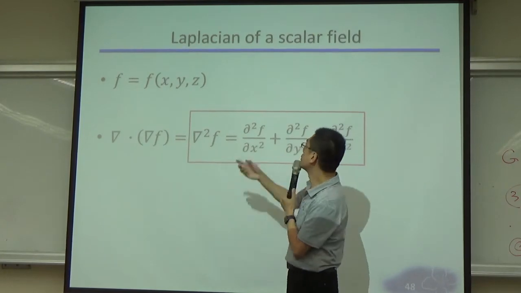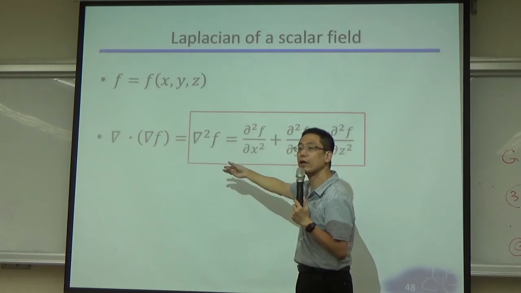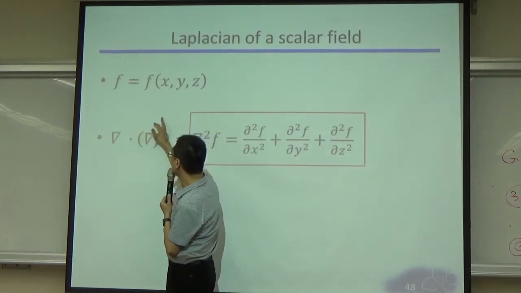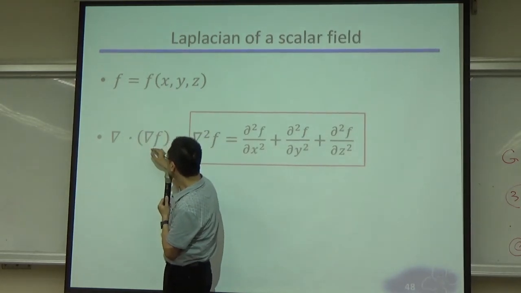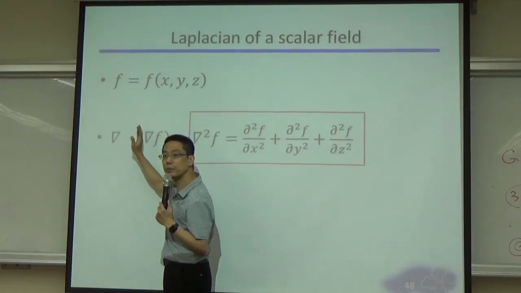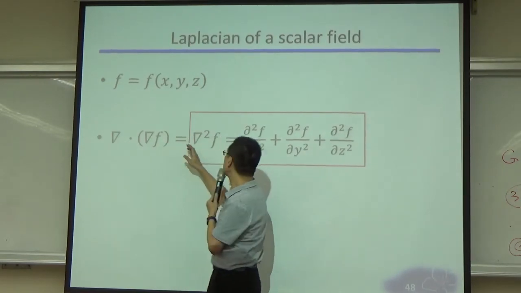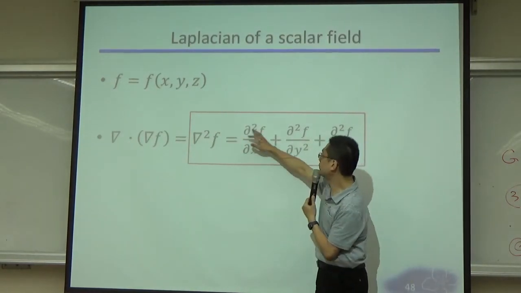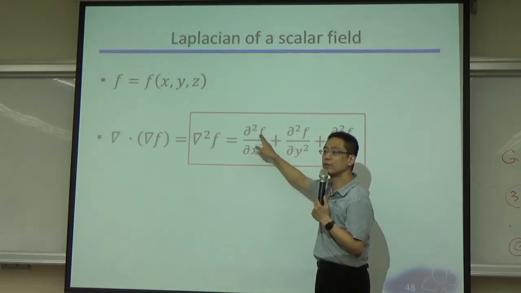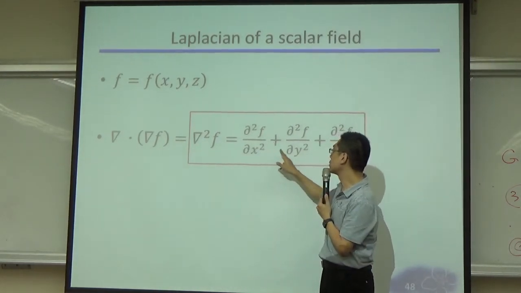The pronunciation is Laplacian. Okay, the Laplacian operator. This is how we do it. We use the divergence of the gradient. There are two; you apply two different operators. The result will become the second order partial derivative with respect to x, y, and z.